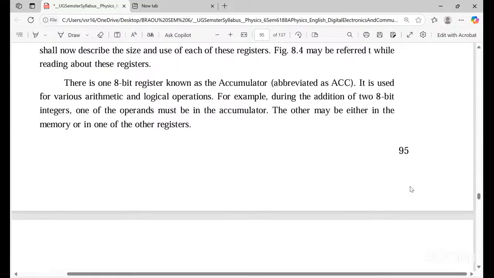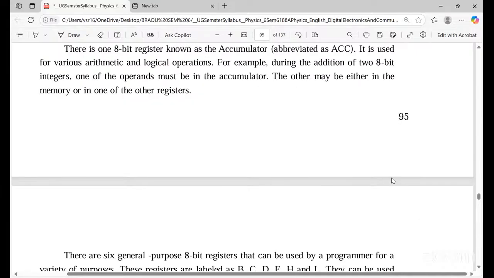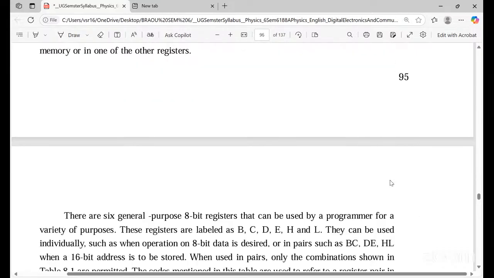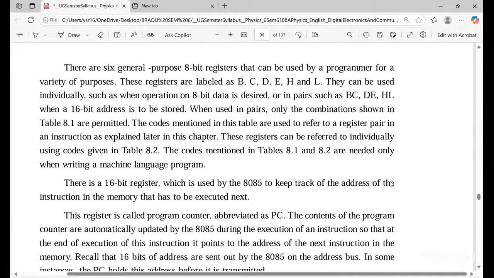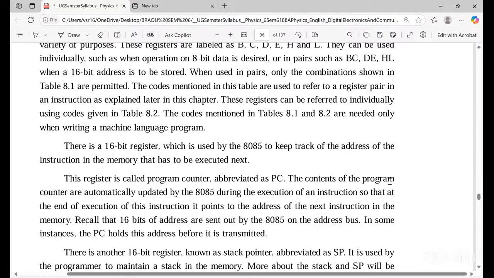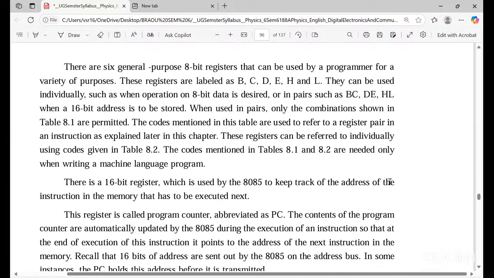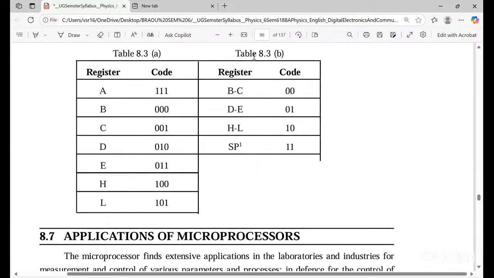The accumulator is one of the important registers in 8085. This is an 8-bit register which can be used for various arithmetic and logical operations, such as the addition of 8-bit integer operands. What are the registers labeled here? B, C, D, E, H, and L. Just now we have already discussed everything.